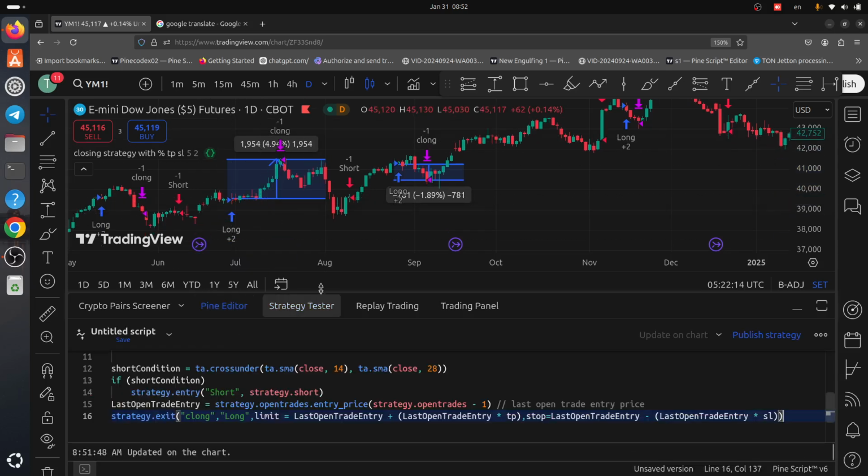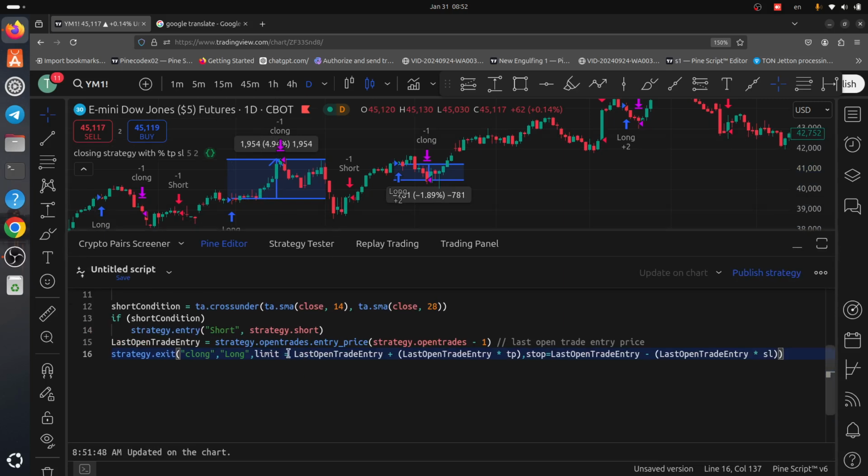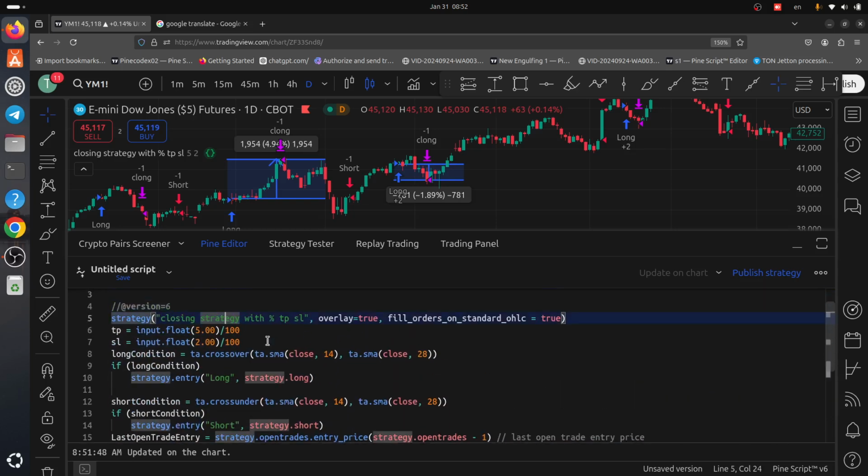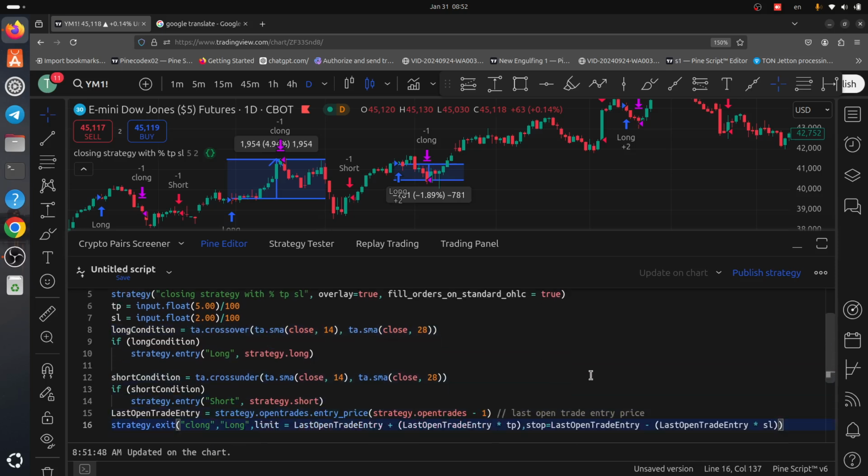Okay, so it's correct. So limit, here we added entry price plus entry price multiplied by TP. Okay, and entry price minus entry price multiplied by our SL for a stop.